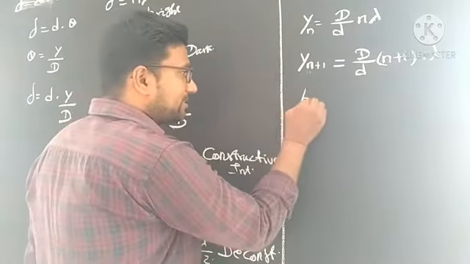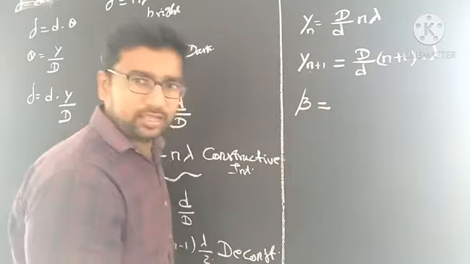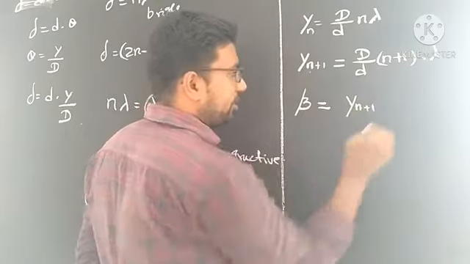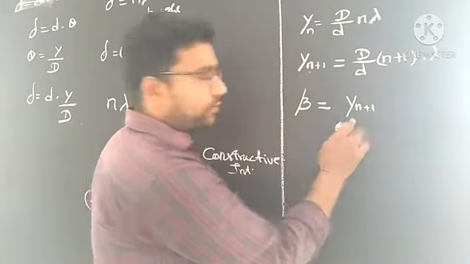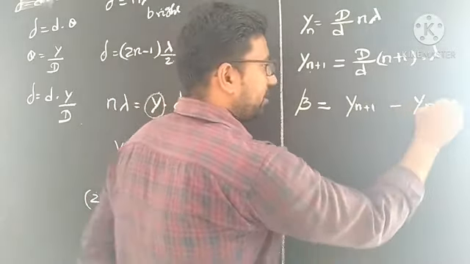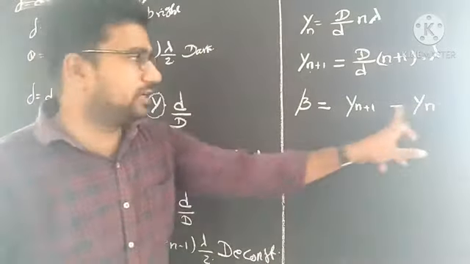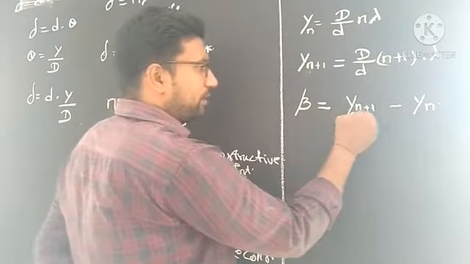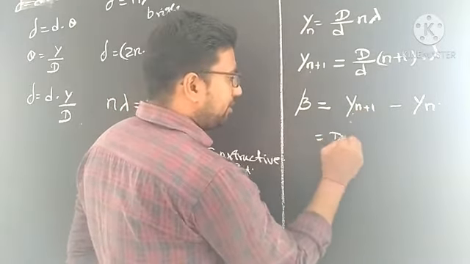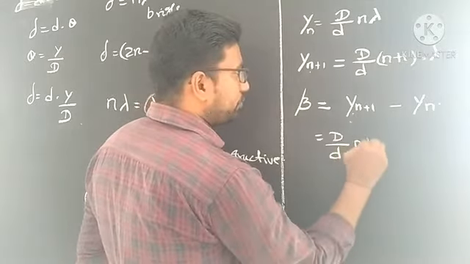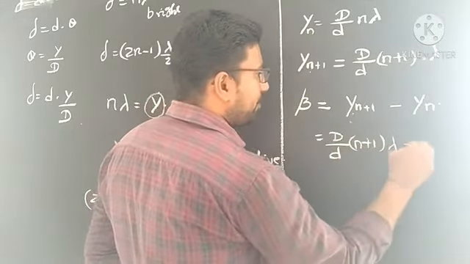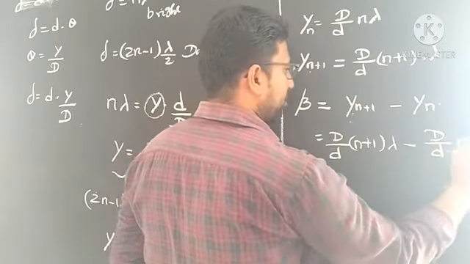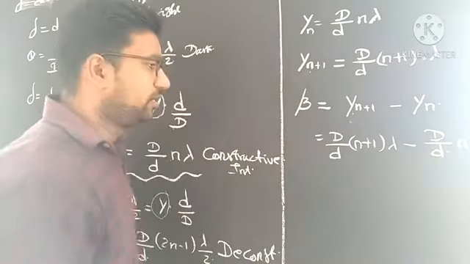The bandwidth is represented by the term beta. So β = y(n+1) − yn, that is the final fringe minus the initial fringe. Substitute the values: (D/d)(n+1)λ − (D/d)nλ.